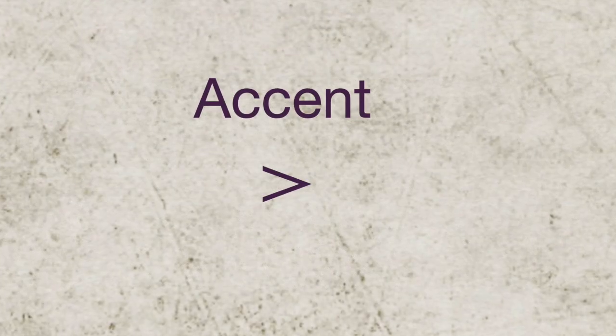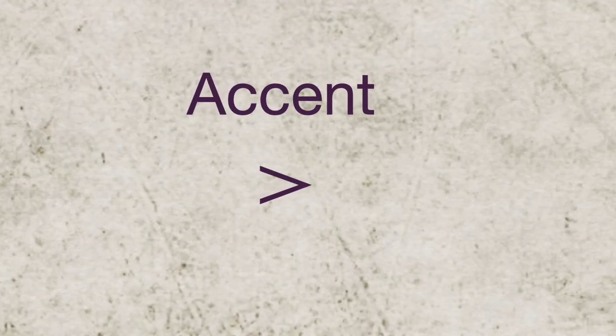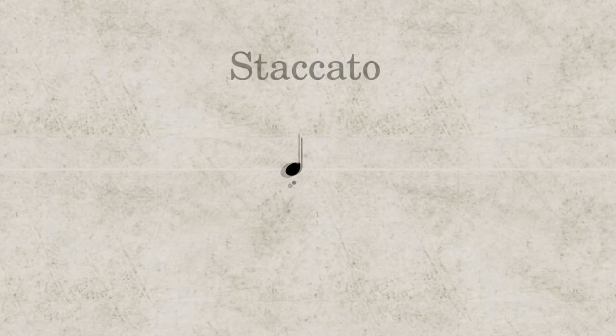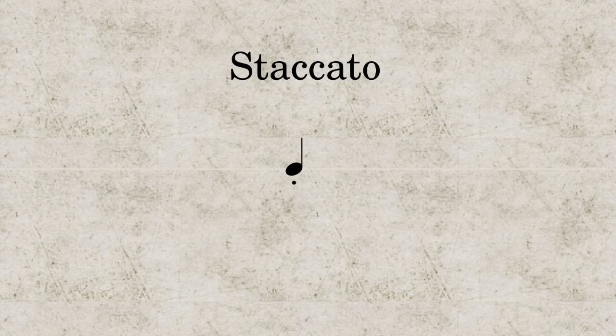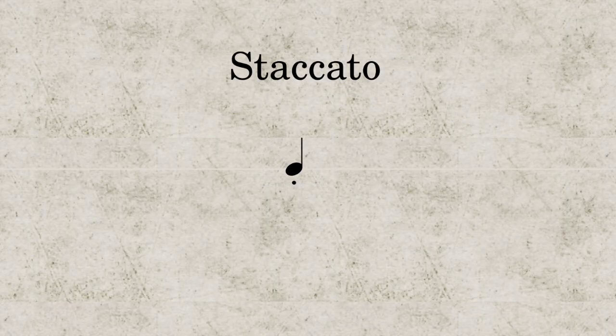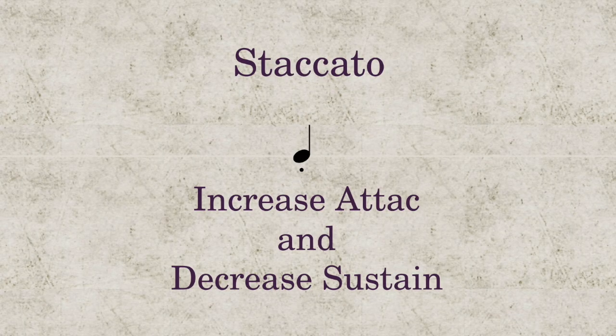Additionally, the accent symbol is used to increase the volume of single notes, and it's one of several symbols called articulations that indicate different features to be produced by individual notes. A dot over or under a single note is called staccato. This Italian word means detached, and this is an articulation that indicates an increase in the attack and decrease in the sustain of the note affected by it.